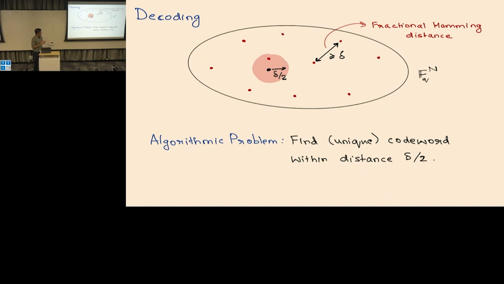In a moment I'll talk about codes which are subspaces, and these codes are easier to describe in the following sense. If I have an arbitrary subset of Q to the n, I have to just write down all the code words. But if it's a subspace, I can just write down a basis for that subspace, and it has a much more succinct description.